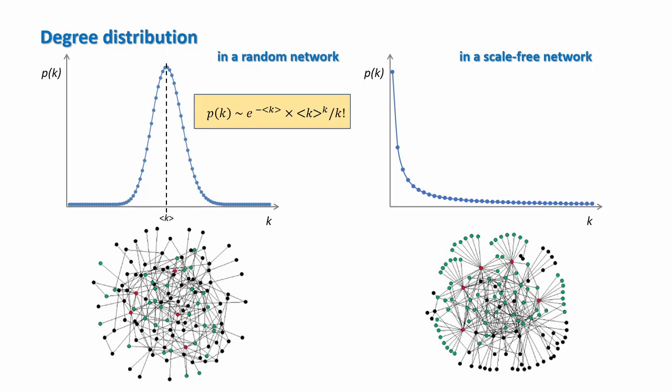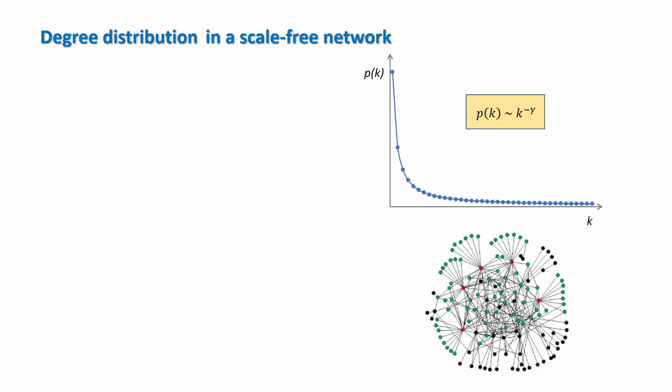But how does it look like in the case of the scale-free network? Here, the probability to find a node of degree k follows a power law, which means that k is raised by the power of a negative constant minus gamma. That has an interesting formal consequence.